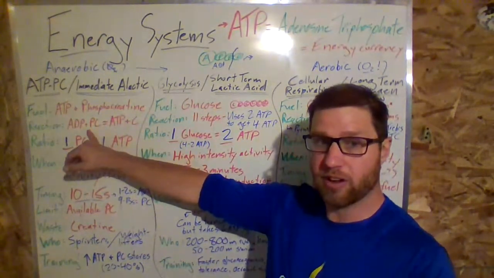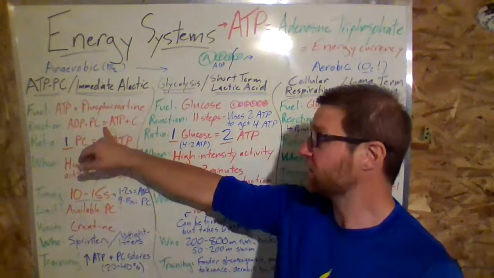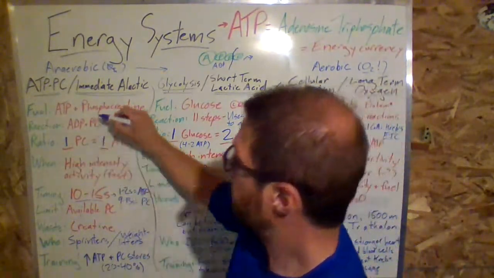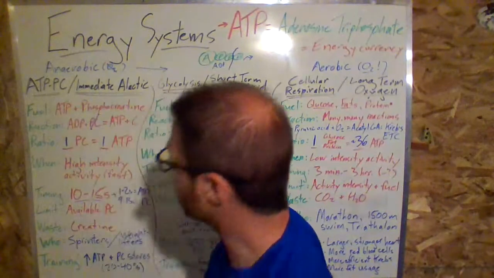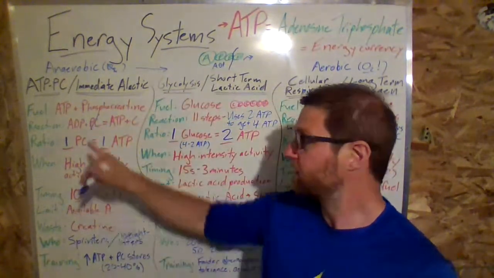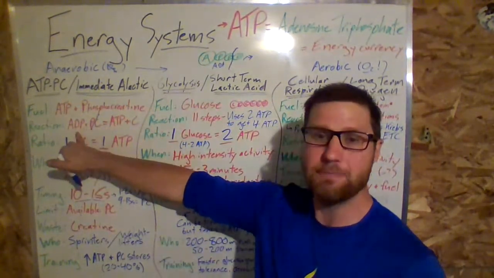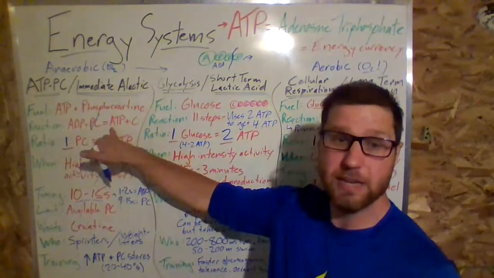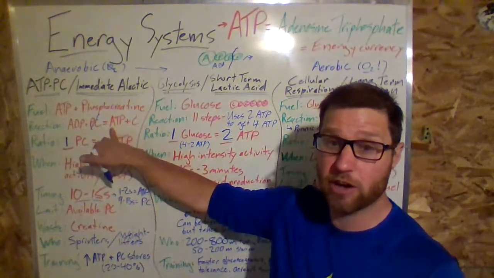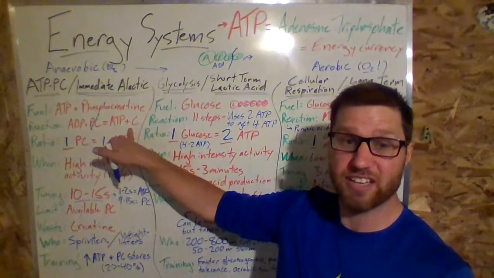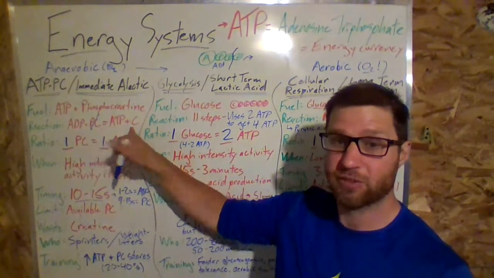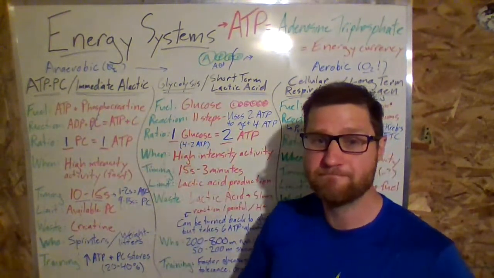Through the reaction, it's just one quick reaction, the P in the PC breaks, and I donate this phosphate to the ADP to make ATP. So I get an ATP molecule out of it, and then I've got some creatine left over. So that's what happens with that system.